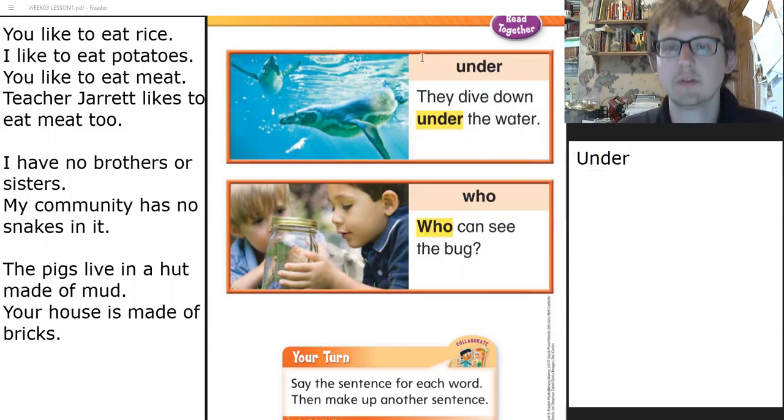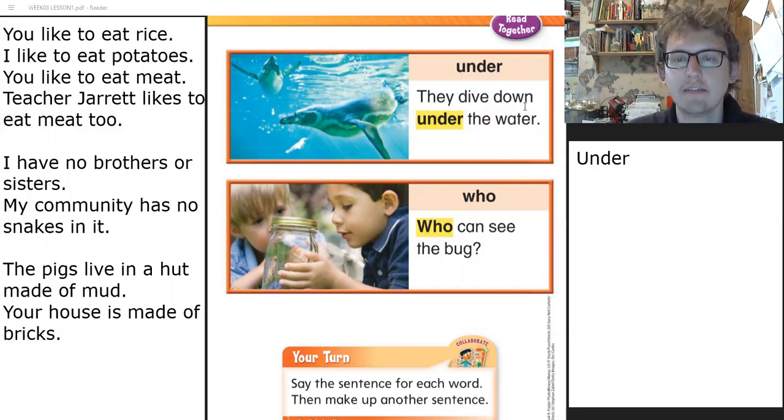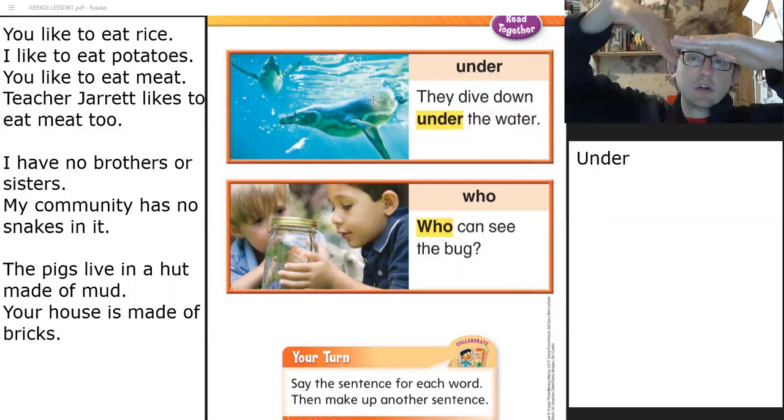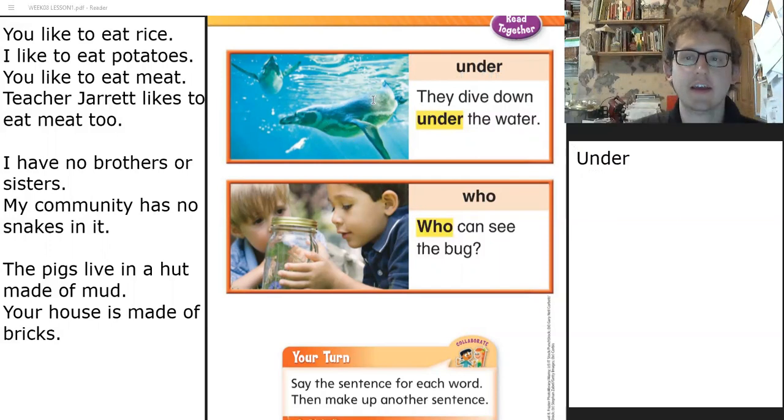So now we'll learn the word under, okay? Under, U-N-D-E-R. They dive down under the water. So we can see the penguins are going under the water, right? So the water's on top and the penguins go under it, okay?